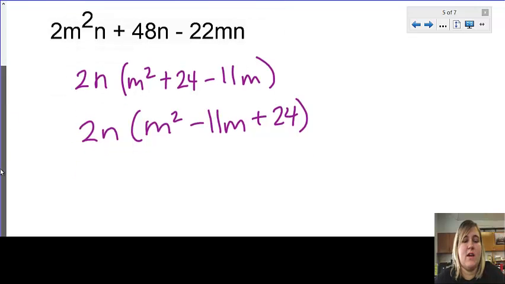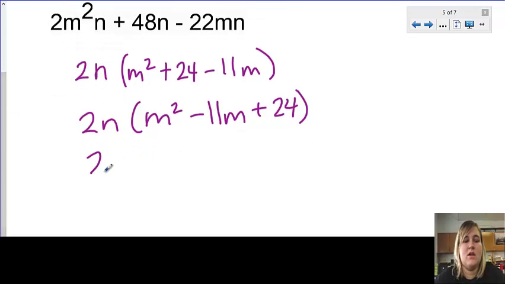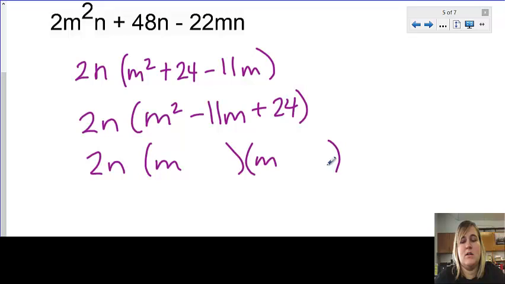Okay, I have to have it in standard form so that I can factor it. 2n, and then I'm going to split up my m squared into two sets of parentheses. I need something that multiplies to get 24, but adds to get negative 11. Now, for me to get a positive here and a negative here, remember, the only way I can multiply to get a positive is if I have two positives or two negatives.